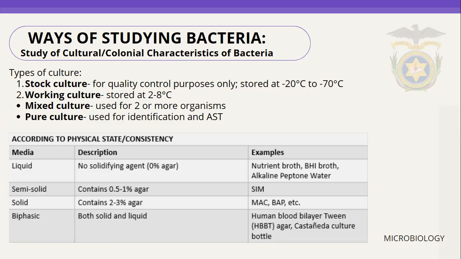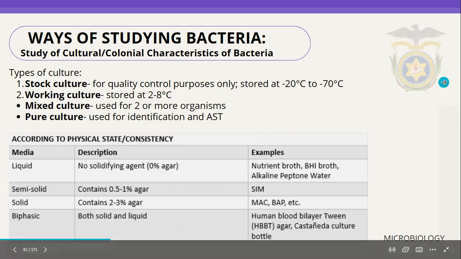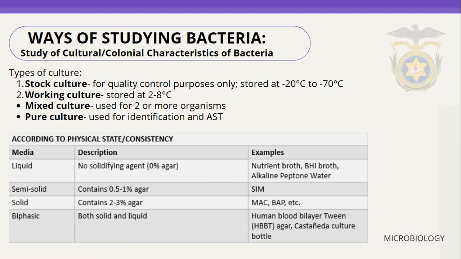For example, we have SIM, or sulfide indole motility agar. Next, we have our solid agar that contains 2 to 3% agar, and our examples are MAC, BAP, etc. And biphasic means they are both solid and liquid. Our examples here are the HBBT or human blood bilayer twin agar and Castañeda culture bottle.